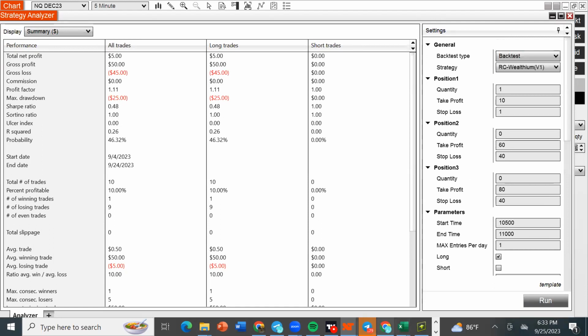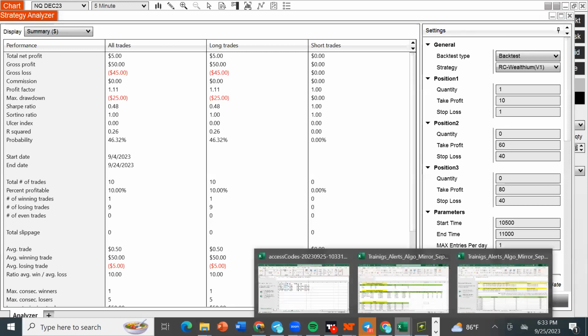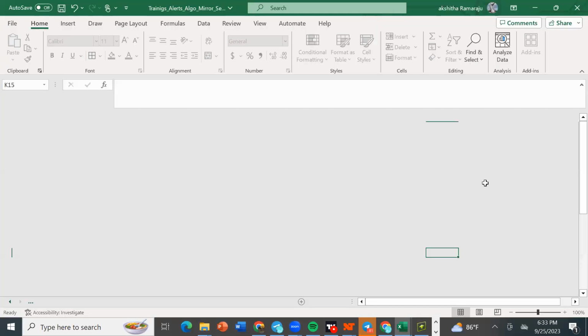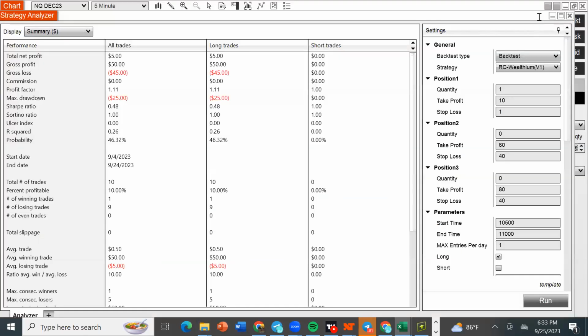Wealthium 10, okay, stop loss, I think we gave it wrong. Stop loss is 120.